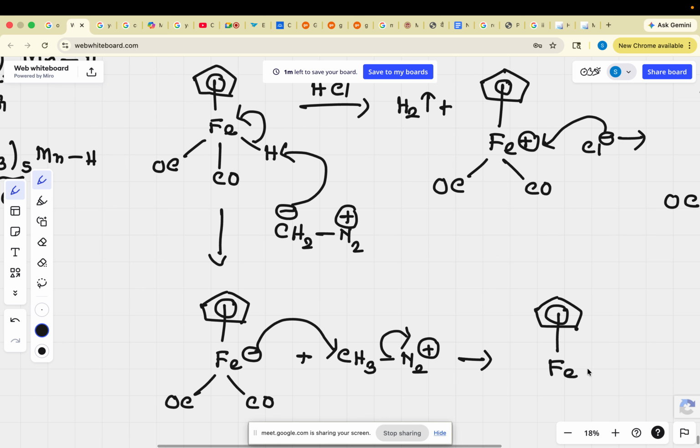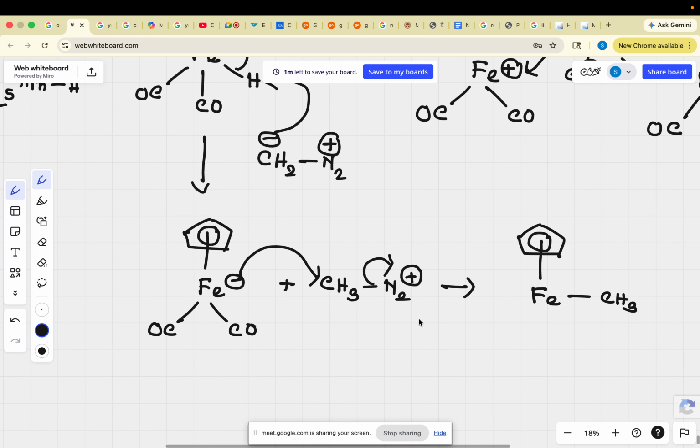Here you have Fe, this side you have methyl CH3, and here you have 2 carbonyl CO. Clear? And what gas is releasing from here? Nitrogen gas is releasing from here. Clear? Any doubt? Fine.